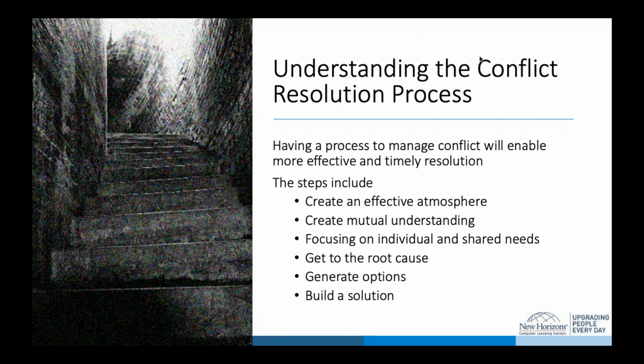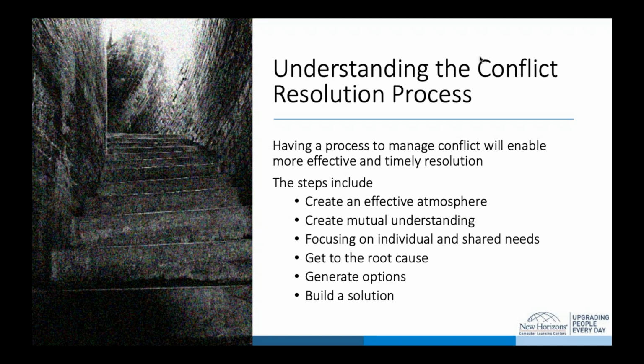So the steps, at a very high level, are to create an effective atmosphere to deal with conflict, create some mutual understanding that there is an issue and that we need to resolve it, focus on the needs of both the individuals involved, where each person has their own particular needs, but also where their shared needs may be. Find out the root cause, what is actually at the bottom of this conflict.